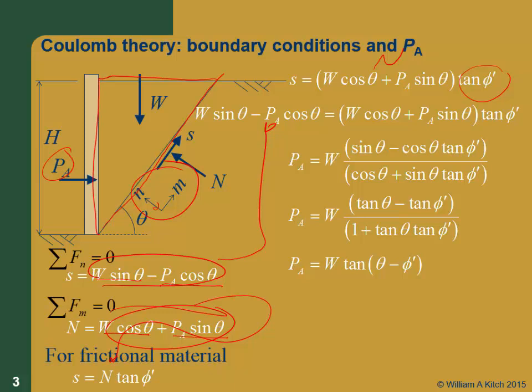That's just PA is equal to W times tan of theta minus phi. And then I'm going to calculate the weight, right? The weight W is going to be the weight of the triangle here. The weight of the triangle is just 1/2 base times height. So that's 1/2 gamma h squared cosine theta.